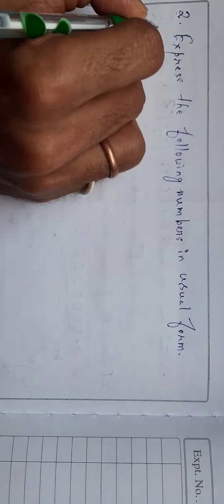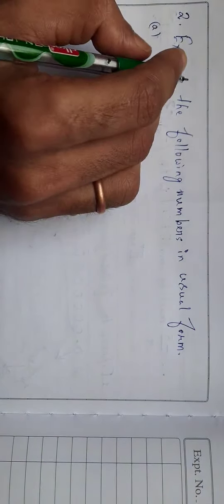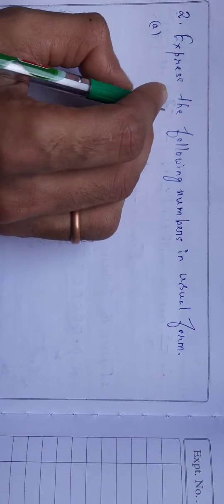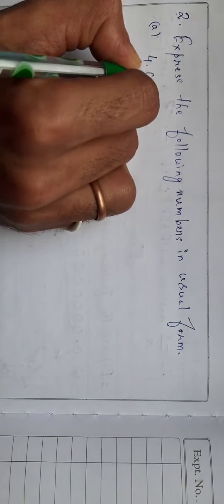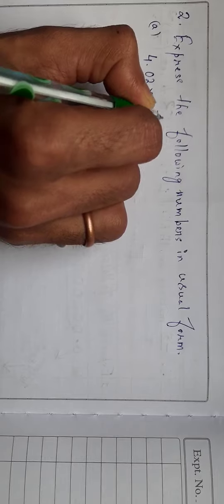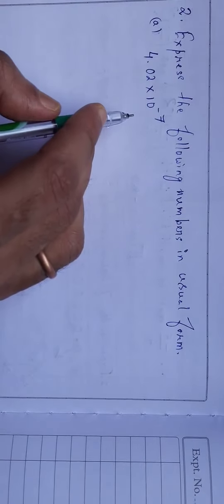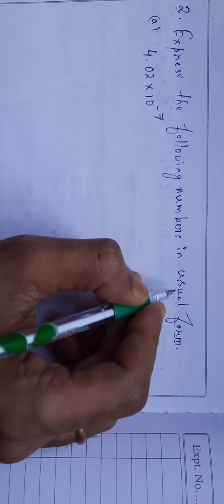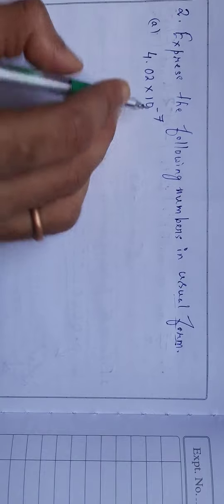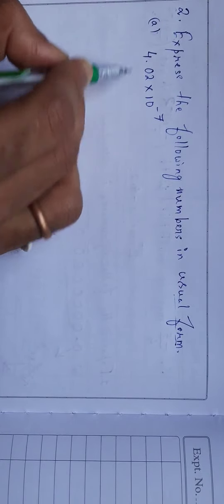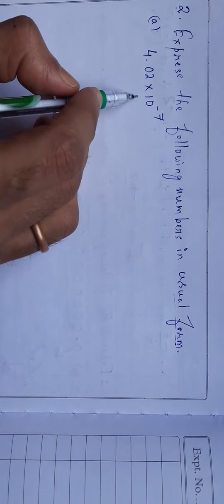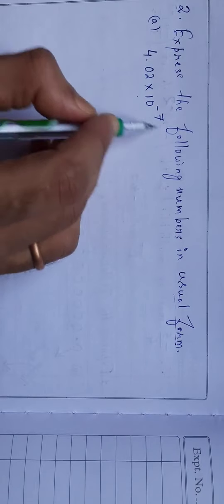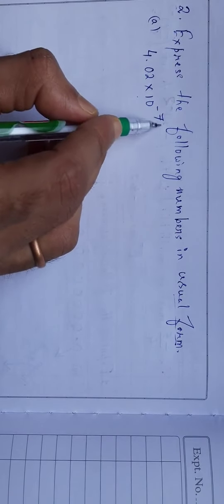First question is 4.02 into 10 to the power minus 7. Now I have to convert this number into the usual form. Since this number has an exponent, it is in standard form. To convert this into the usual form, I have to check the exponent first.